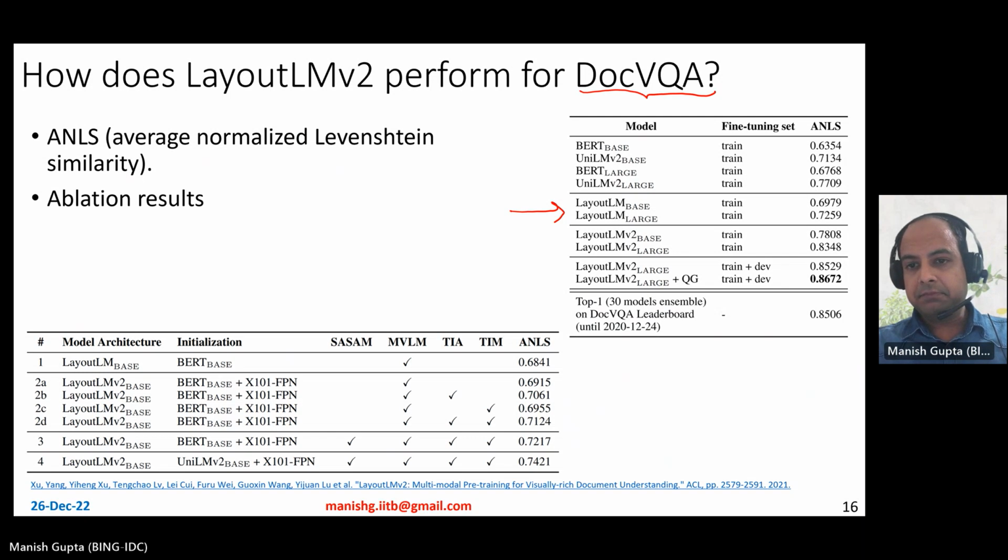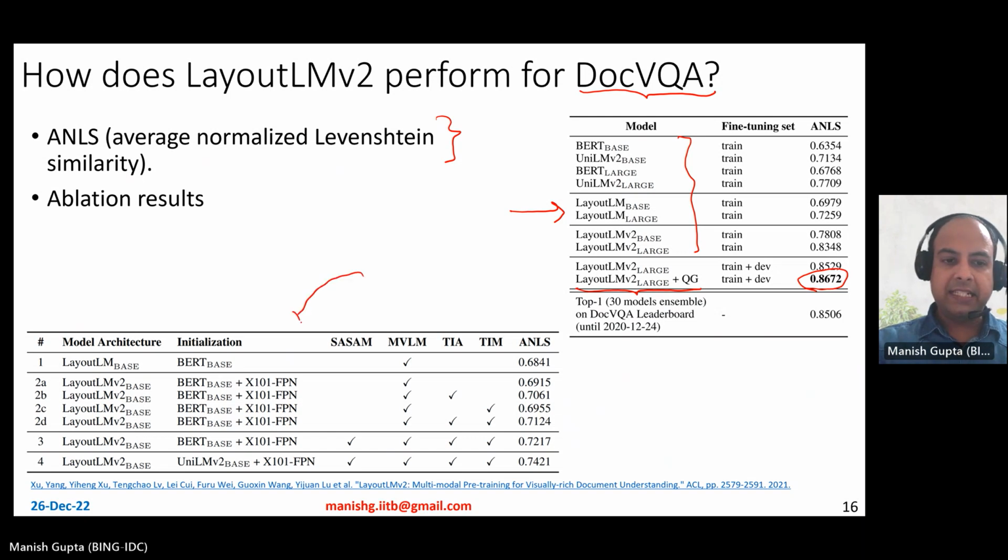Here, again, LayoutLMv2 large, along with question generation based initial training, gives you the best results compared to all the other previous models. These results have been computed using a variant of edit distance called average normalized Levenshtein similarity.